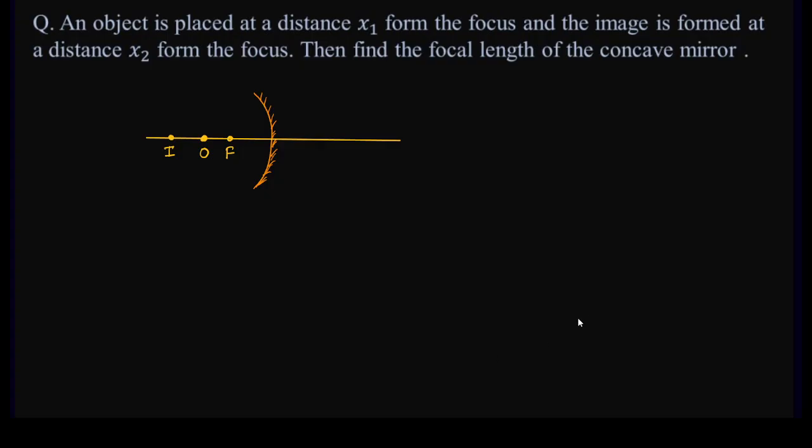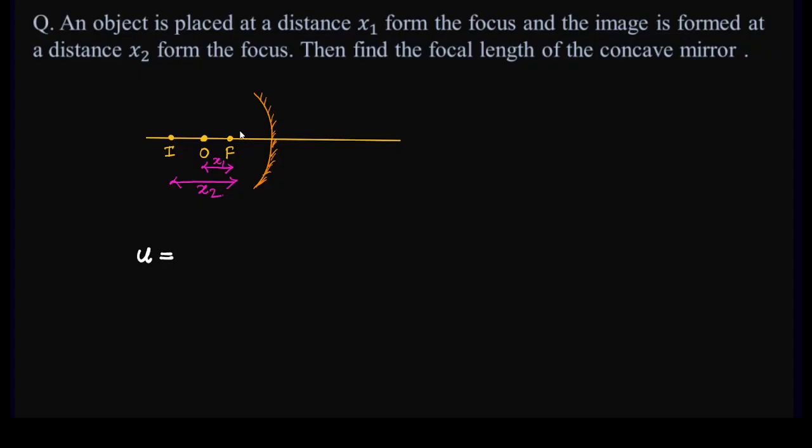Now they gave the object distance as x1, and this distance as x2. Basically we need to measure the distances from the pole onwards. So tell me now, what is the object distance?